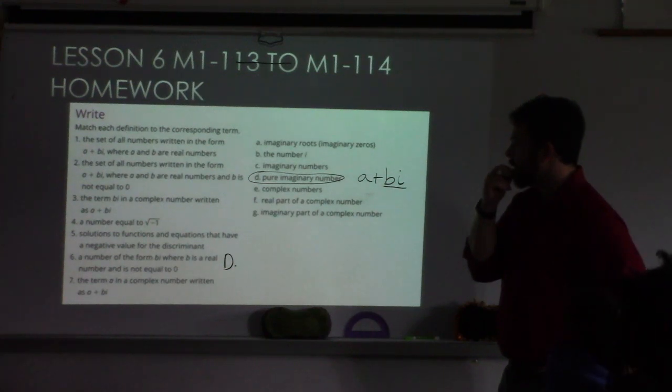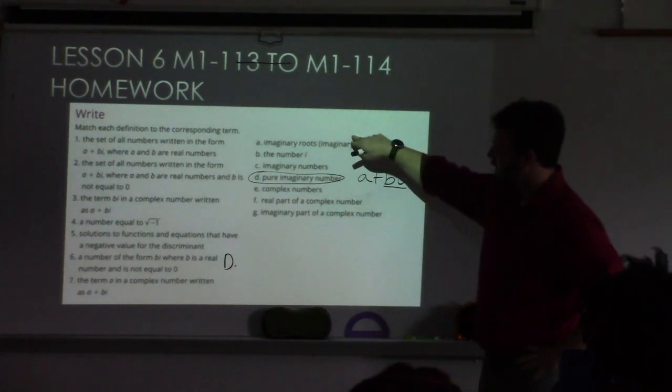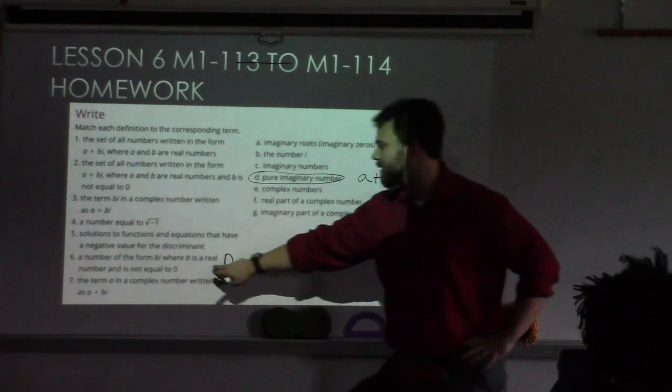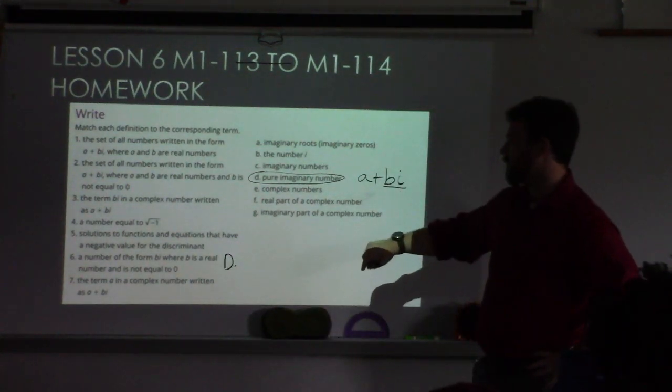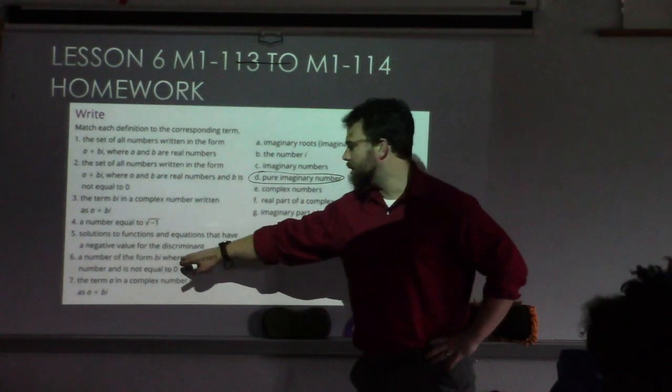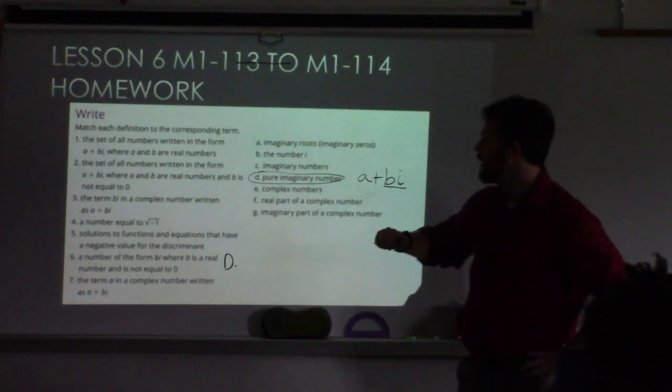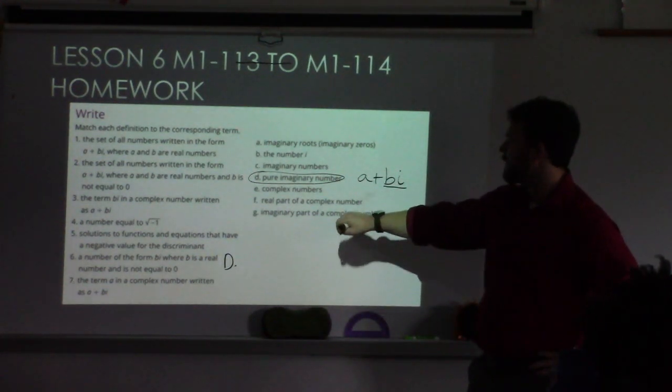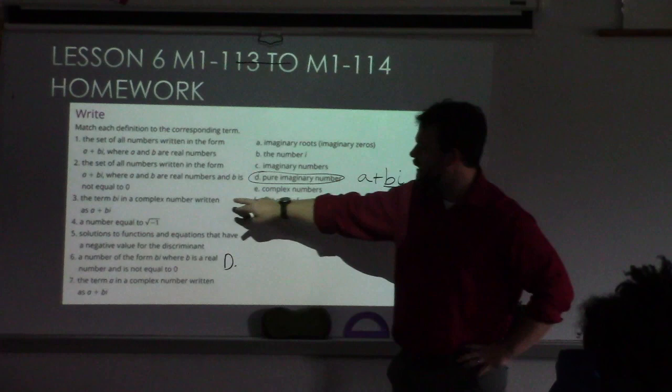That's a great question. Let's see. Look up here. That's 6, not 7, if anybody was saying 7 accidentally. The number of the form bi, where b is a real number, that's the pure imaginary number. So I want you to think about this.